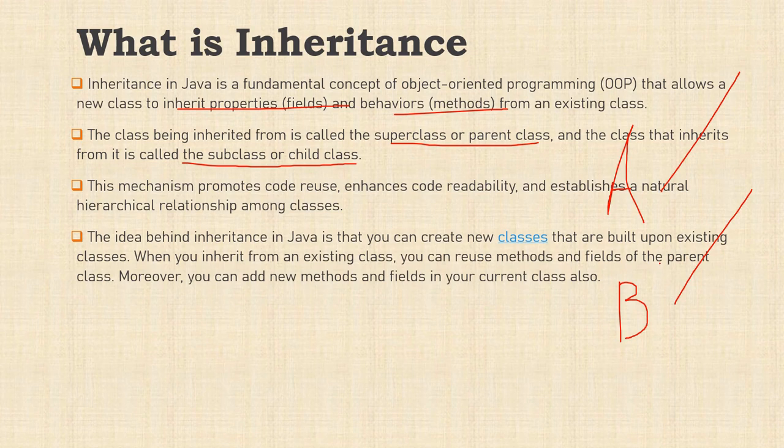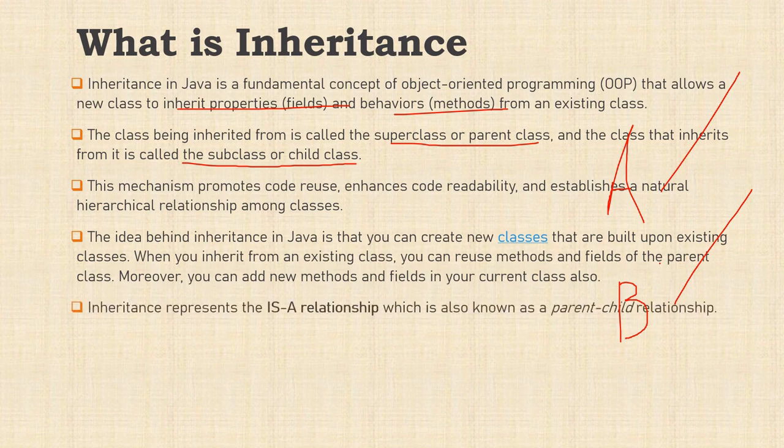When you inherit from an existing class, you can use the methods and fields of the parent class. Moreover, you can add new methods and fields in the current class also. So you can inherit the features and properties from your parent class, and you can also add new features, new methods, in your child class. This is the advantage of inheritance.